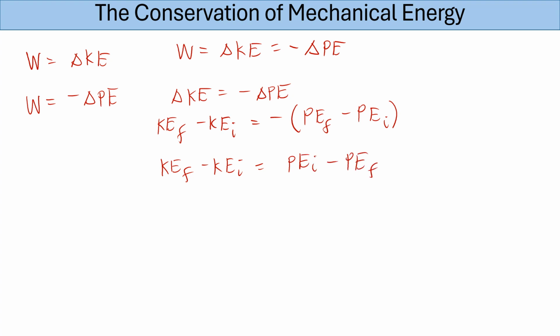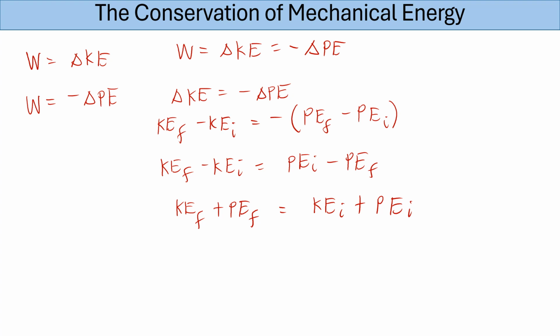Now I'm going to group the quantities with the final quantities and the initial quantities. So I have here KE final plus PE final is equal to KE initial plus PE initial.